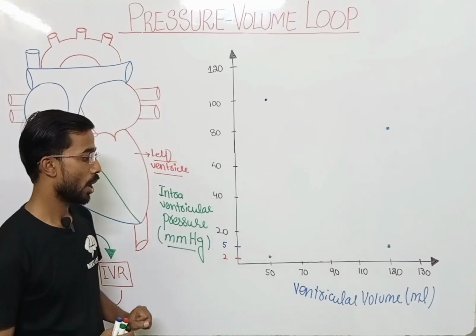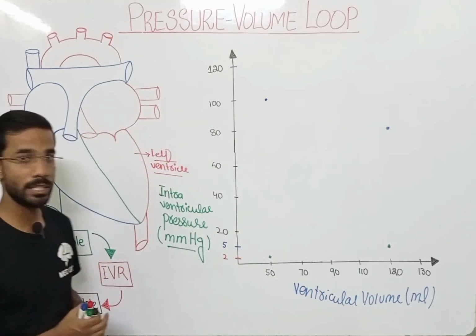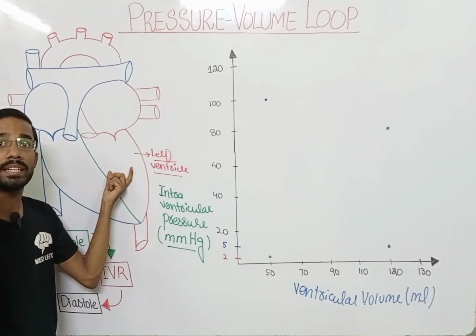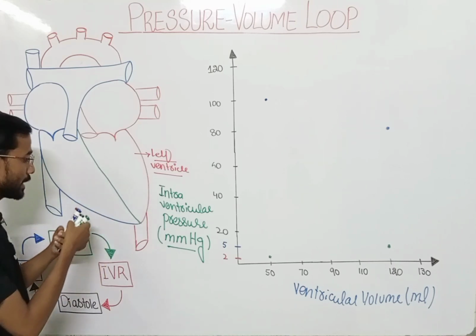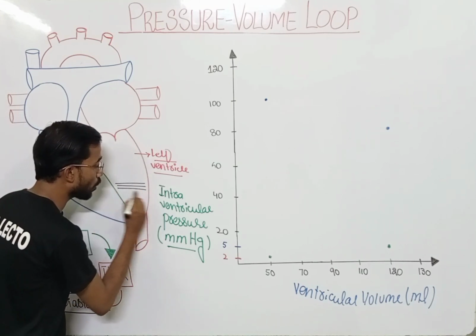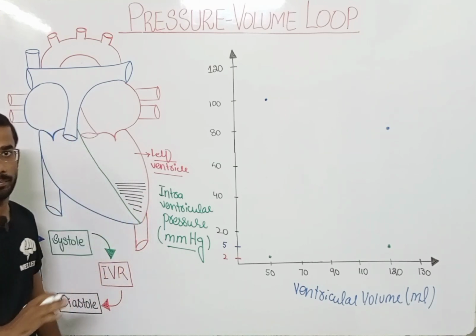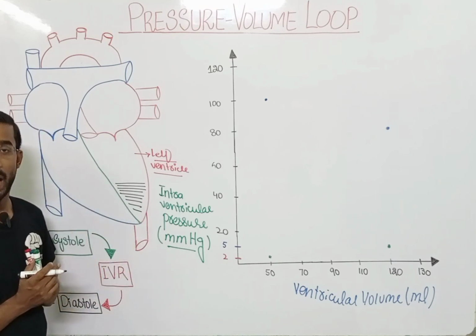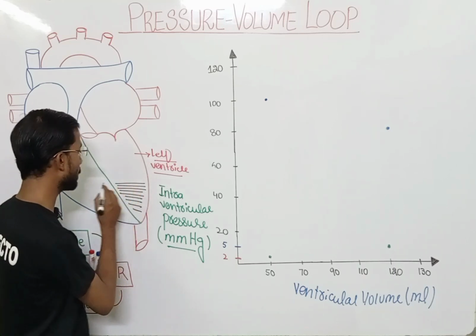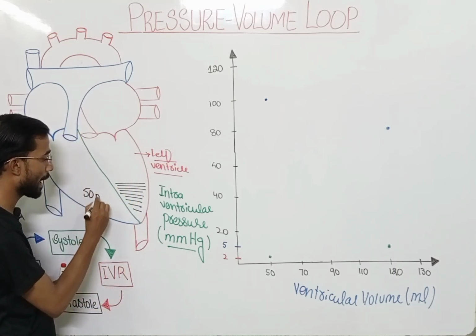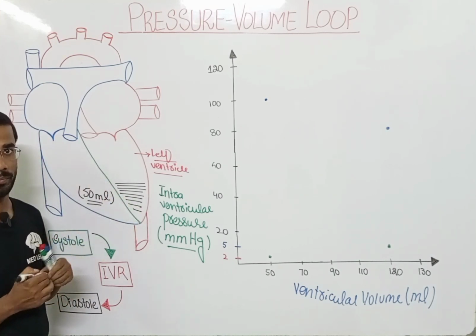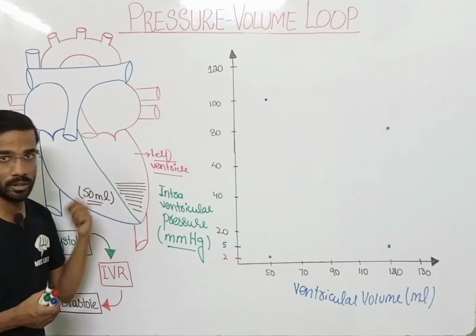First of all, if we discuss when the left ventricle is in relaxed state, it means in the diastolic state. In the diastolic state of the left ventricle, a small amount of blood is already present in the left ventricle. That amount will be 50 ml of blood present in the left ventricle when it is in the diastolic relaxed state.